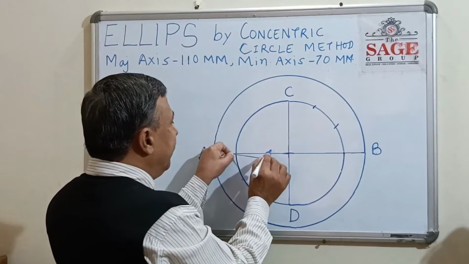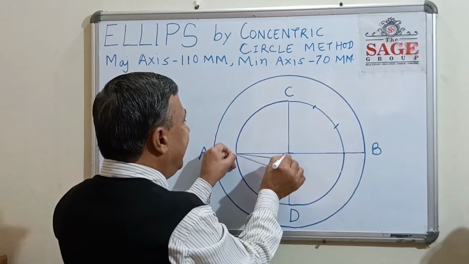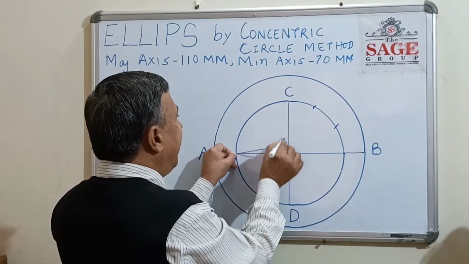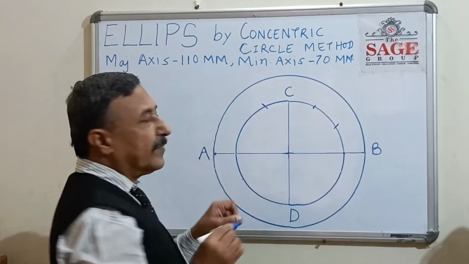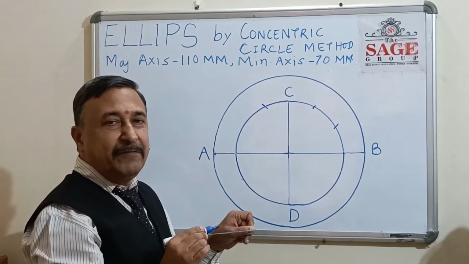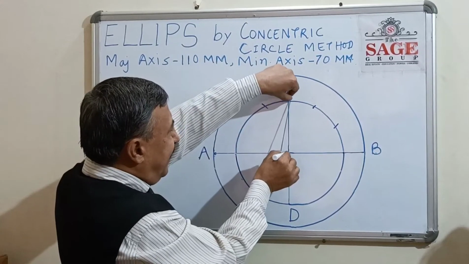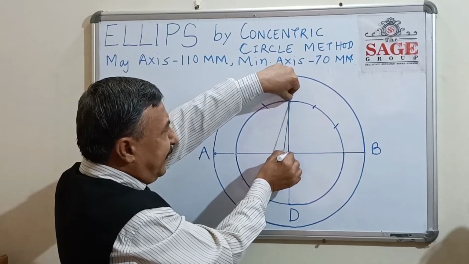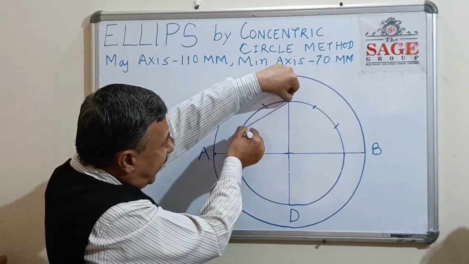See here, we take the same radius and mark one arc here. Take the same radius and one arc here. Now the same radius, that is of the smaller circle, and mark one arc here.